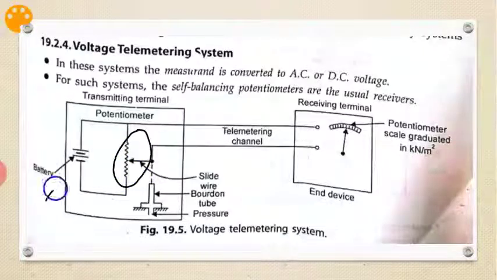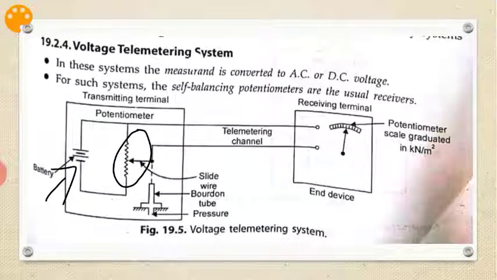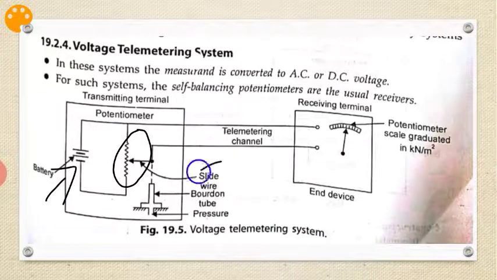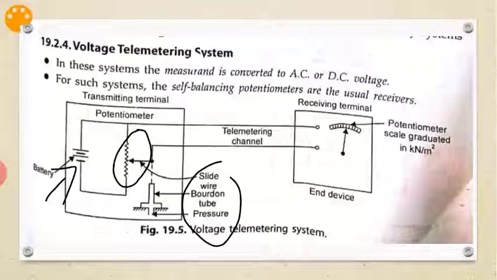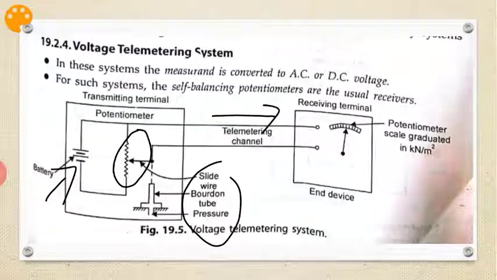A battery supply is given, and here is the slide wire, with the Bourdon tube for the pressure we are going to measure. This is the telemetering channel, and this is a potentiometer scale graduated in kilonewton per meter square.